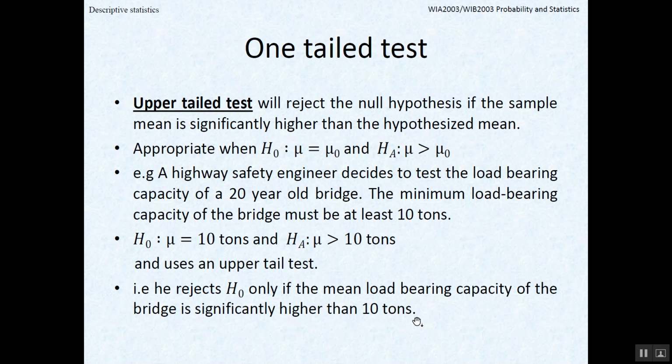That means if your data is powerful enough to show that the load-bearing capacity is more than 10 tons, then your p-value will be less than the significance level set, and you will be able to reject the null hypothesis, and then you accept yes, it is more than 10 tons.